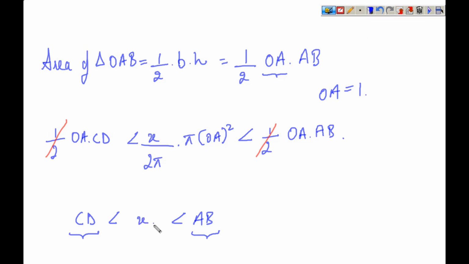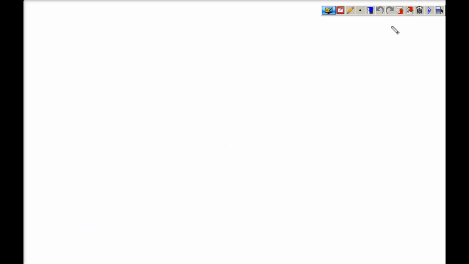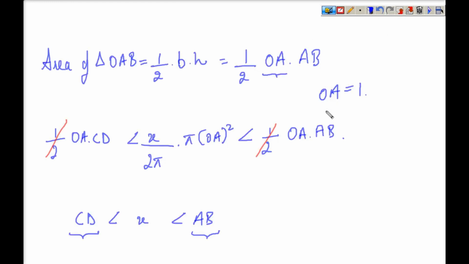So it will be x. So let's find the values of CD and AB.